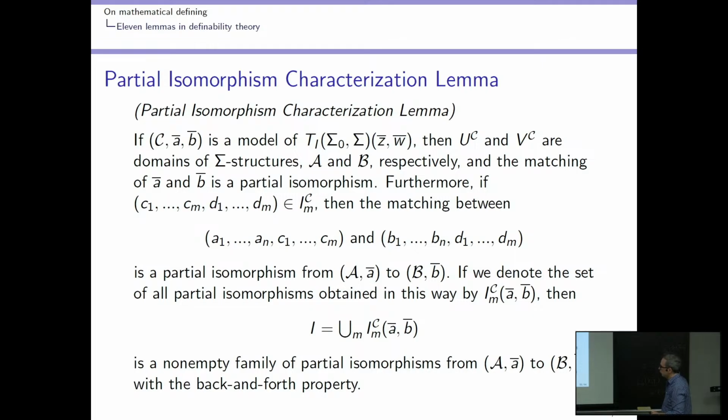We are working with a relational language, and the matching of A bar to B bar is a partial isomorphism. Furthermore, if this is in the interpretation of the predicate, then the matching between this and this is a partial isomorphism also from A bar to B bar.